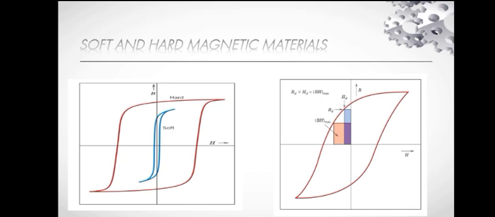Its units are kilojoule per meter cubed. The value of the energy product is representative of the energy required to demagnetize a permanent magnet. That is, the larger the (BH)max, the harder the material in terms of its magnetic characteristic.